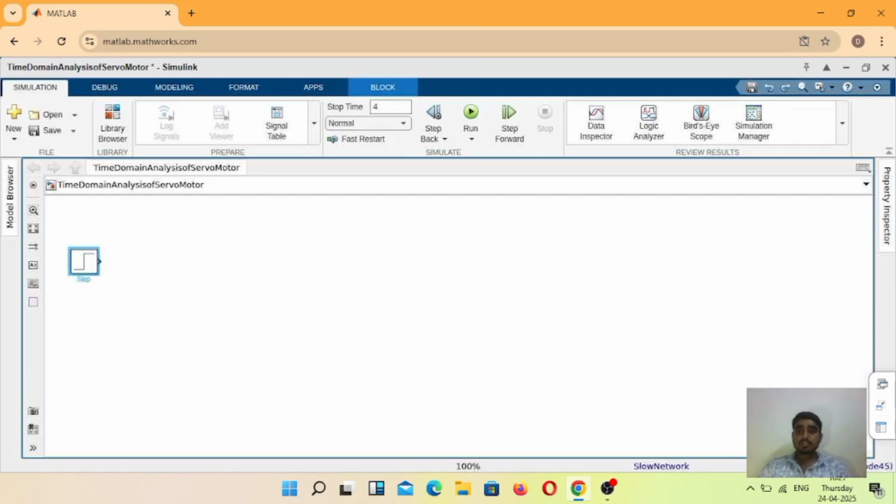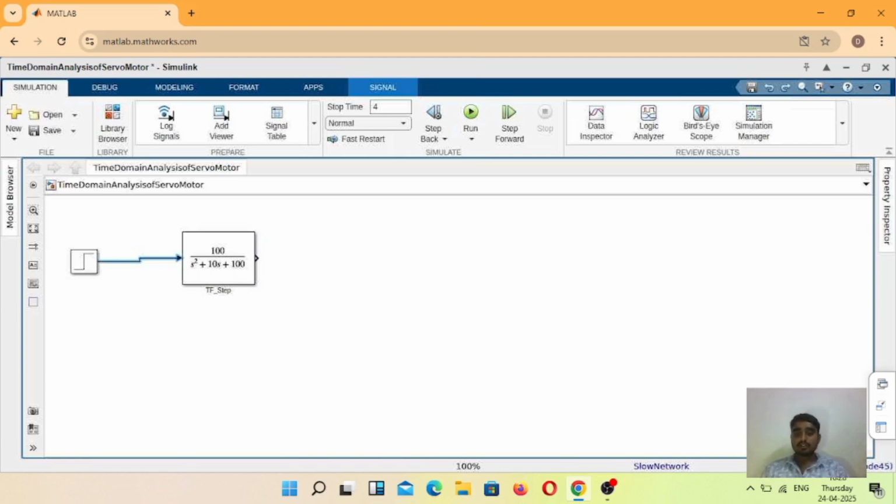First we start a blank model and go to the library browser to get the blocks. I will get the step input signal, then the transfer function of a second order system, and connect it to the step input.